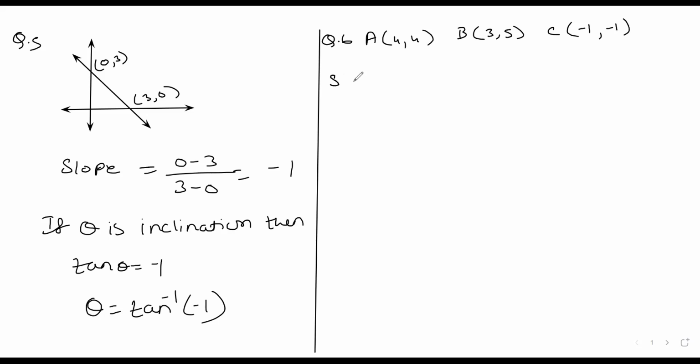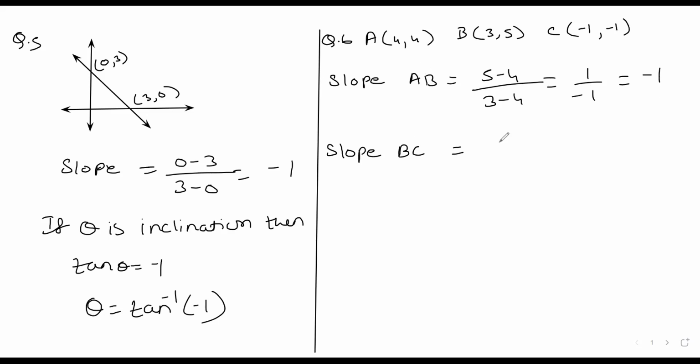So what we'll do is we'll find slope of AB. 5 minus 4 upon 3 minus 4. So this will be 1 upon minus 1, that is minus 1. Then we'll find slope of BC. That is -1 minus 5 upon -1 minus 3, minus 6 upon -4, 2 by 3.